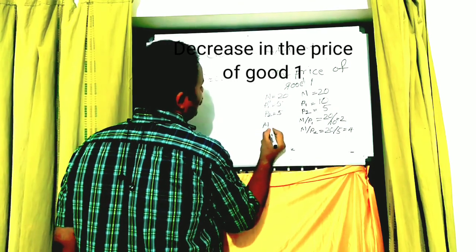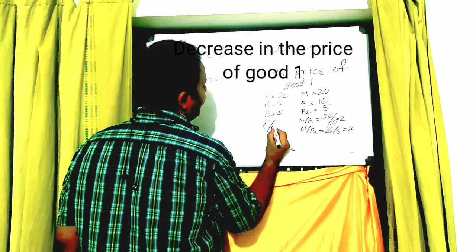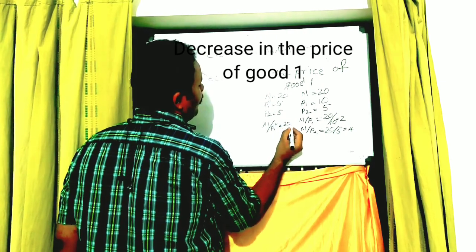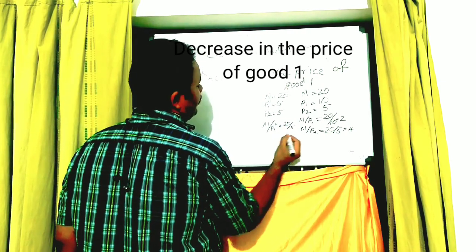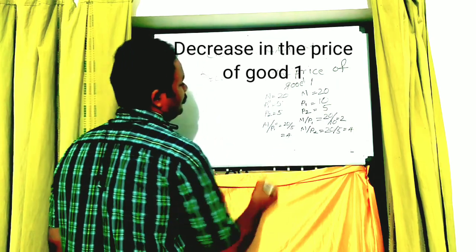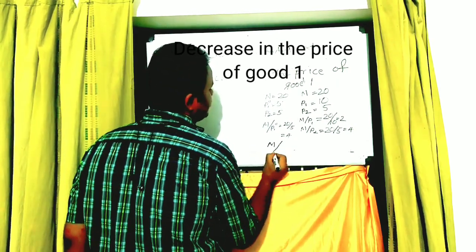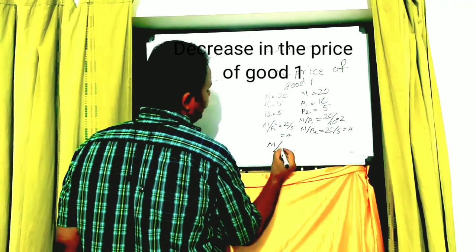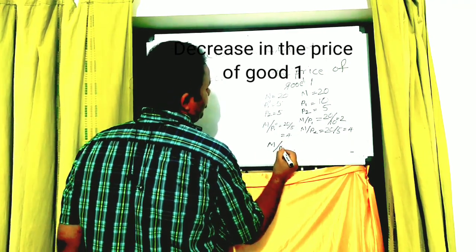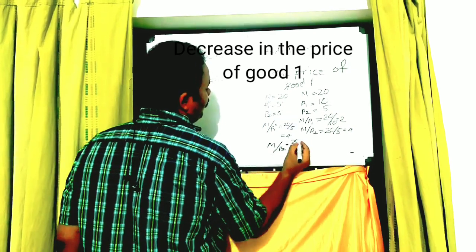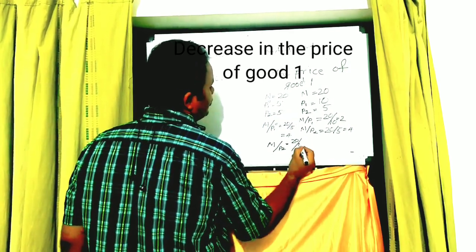And what is the horizontal intercept? M by P1 double dash here, that is 20 by 5 is equal to 4. What is M by P2 here? No change. M 20 by P2 5 here, that is 4.